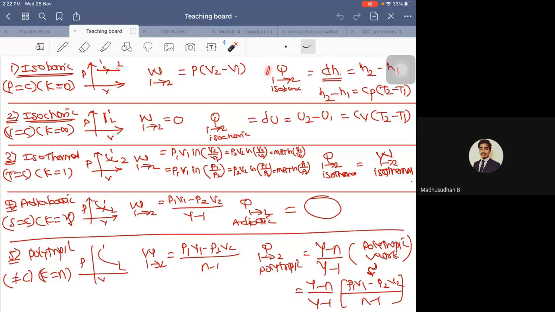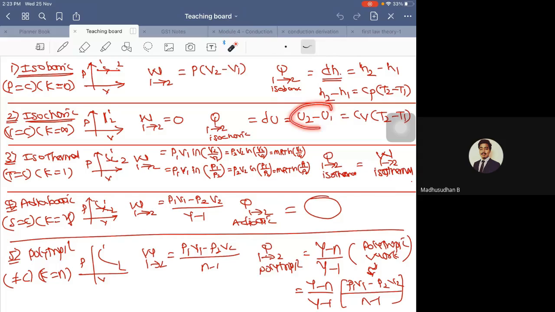Now I want the heat flow. So how do I calculate the heat flow in case of an isobaric process? I should take the difference between their enthalpies. The difference between their enthalpies gives the value of the heat flow for an isobaric process.